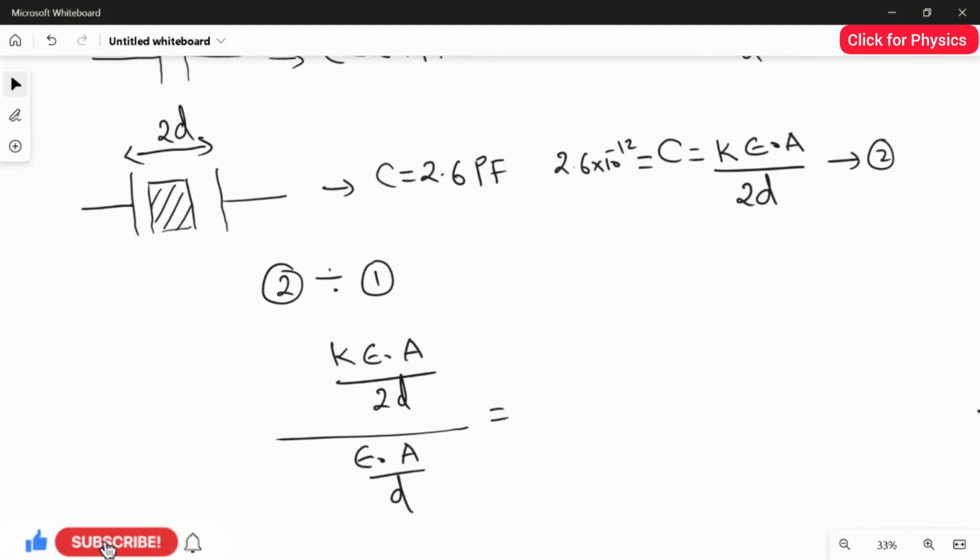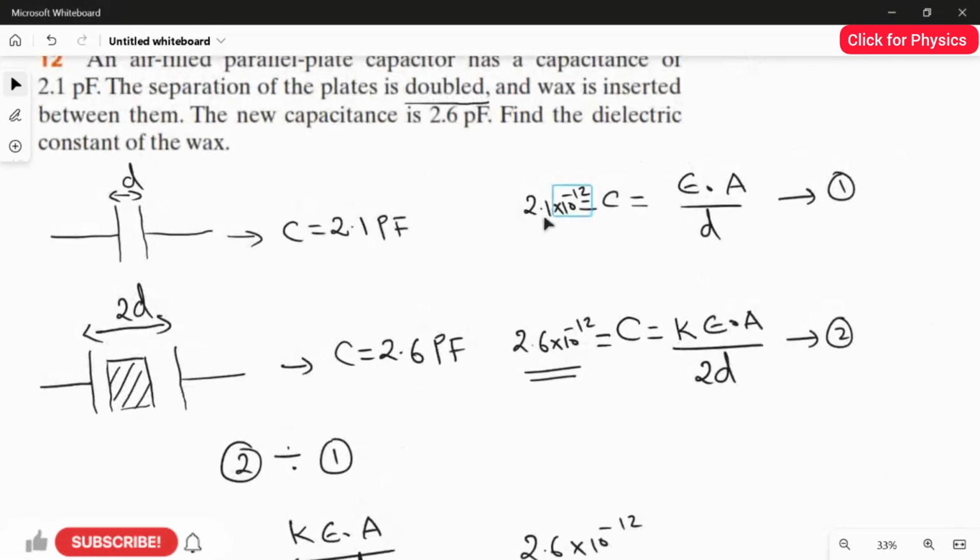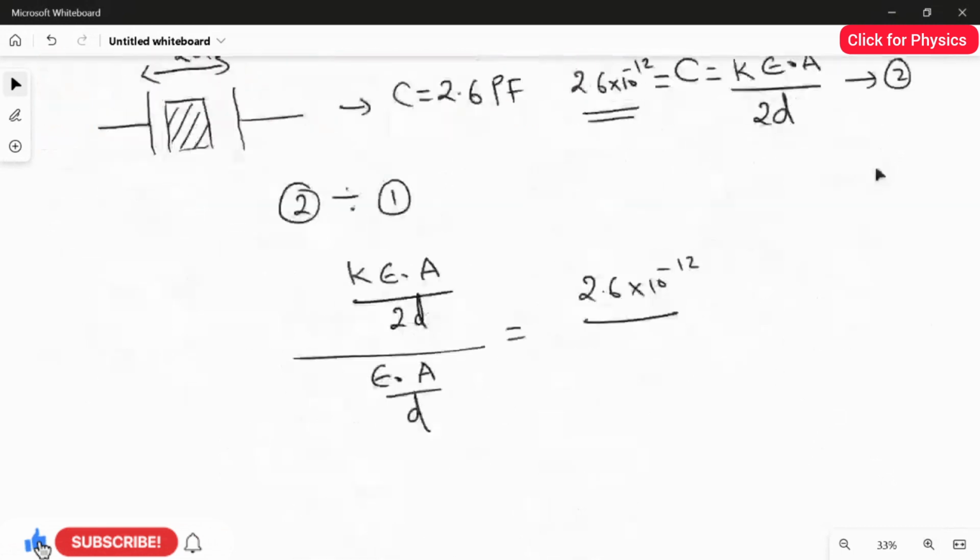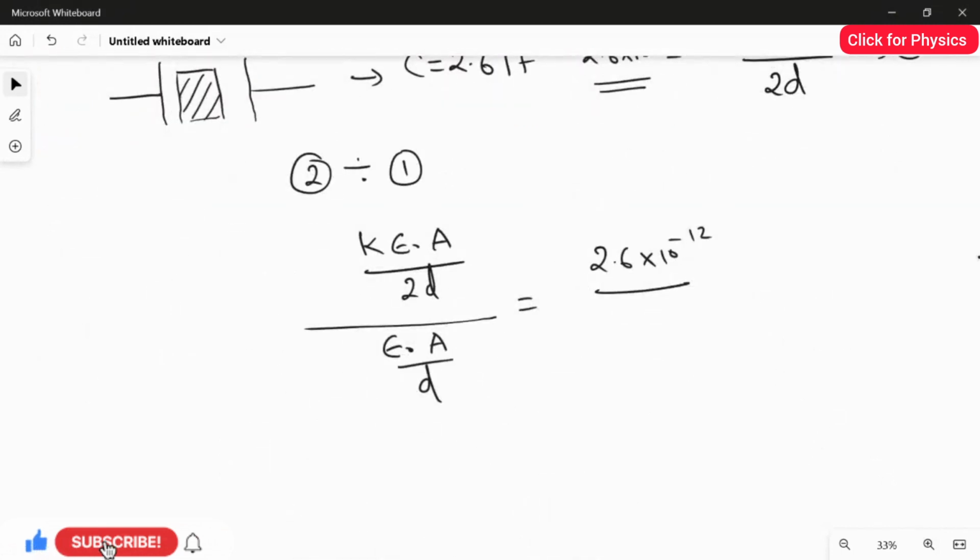The capacitance value of the second is 2.6 multiplied by 10 power minus 12. Likewise, the left hand side of the first equation is 2.1 picofarad, so I have to use this value, 2.1 multiplied by 10 power minus 12.